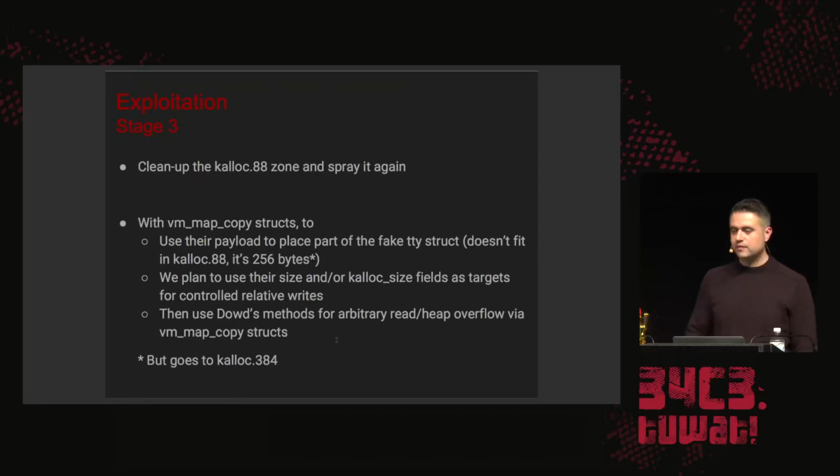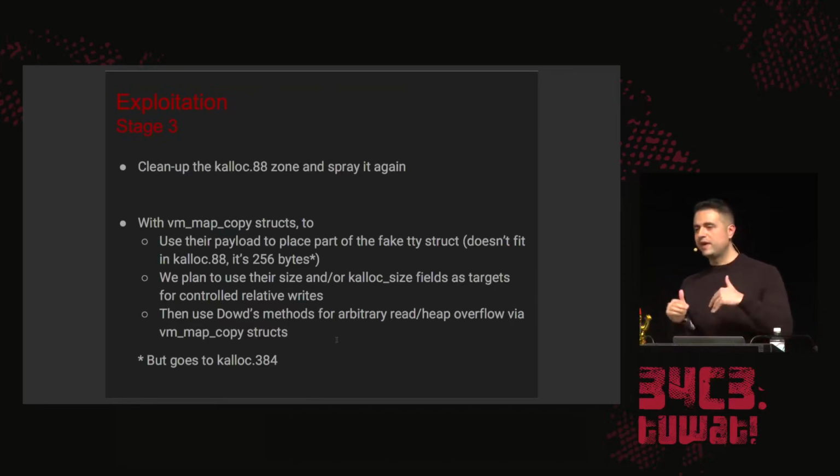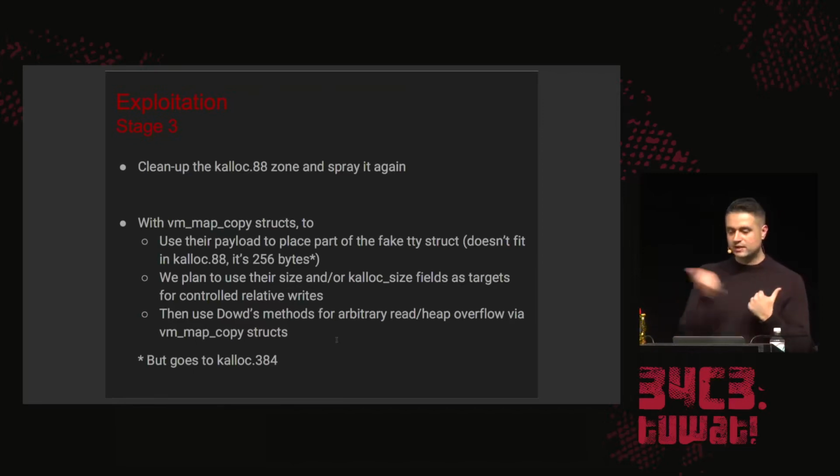So the next step was to clean up the calloc88 zone and spray it again. And again, I sprayed with VMAP copy structs. But this time, in the payload, I can now put the fake TTY struct that the PTMX IOCTL struct is pointing to.